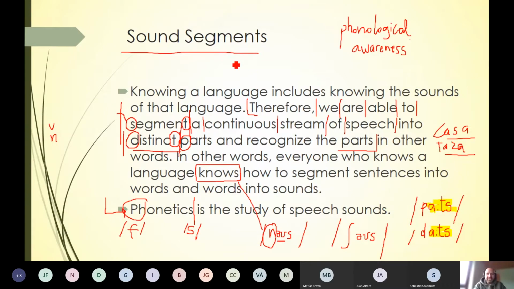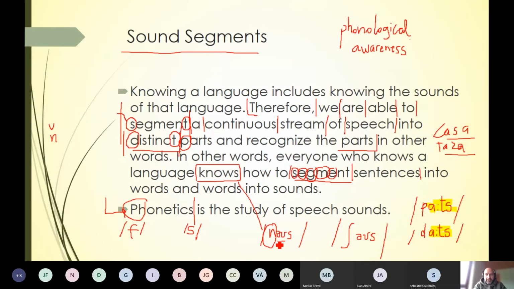So sound segmentation allows you, in other words, or to sum up, to identify the division of words, or the boundaries of words in a sentence. And also within the word, you're able to identify the individual sounds, the individual phonemes, vowel sounds or consonant sounds, and you're able to replace them, right?